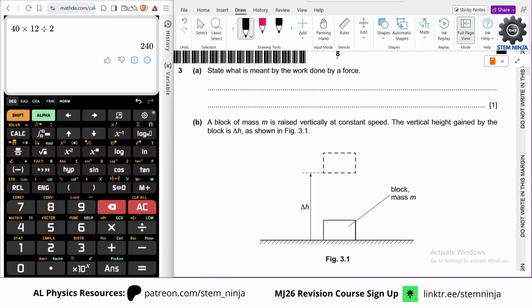Question number 3. What is meant by work done by a force? It's a very straightforward definition.